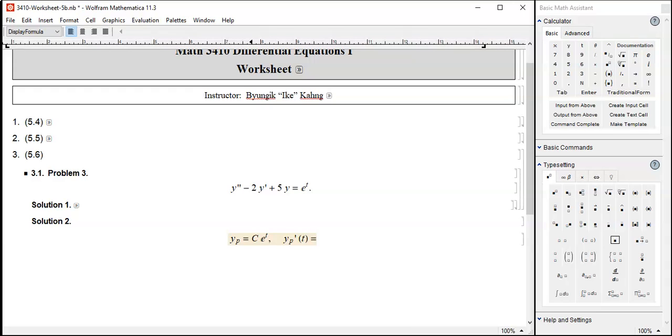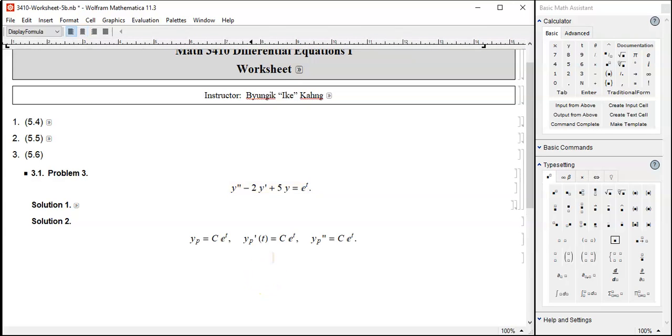And wait a minute, it's just the same thing, isn't it? Yeah, eigenvalue is just 1, so we just keep multiplying ones here. So c times, okay, those are the derivatives. Plug all those in there and let's see what you get.